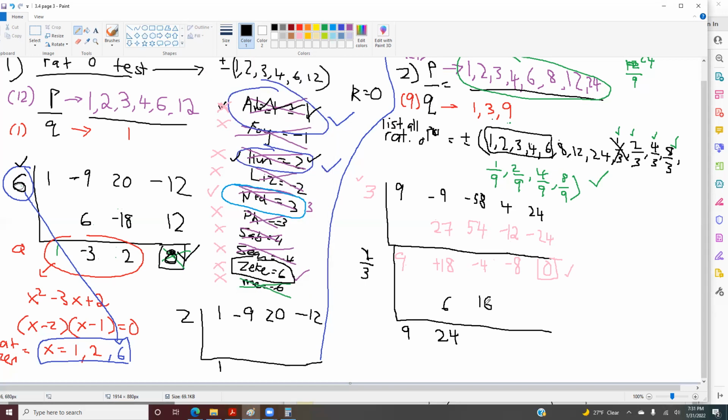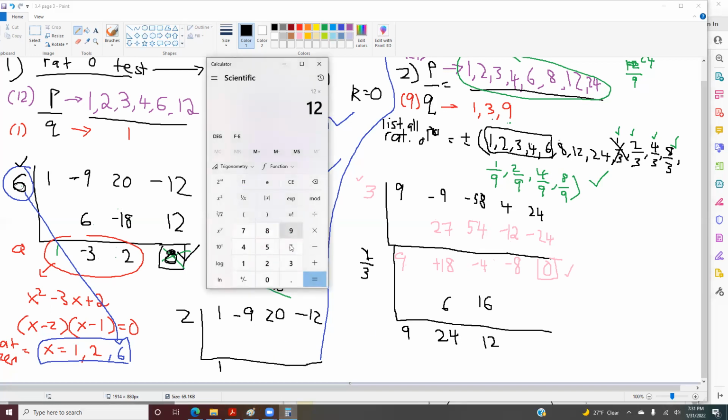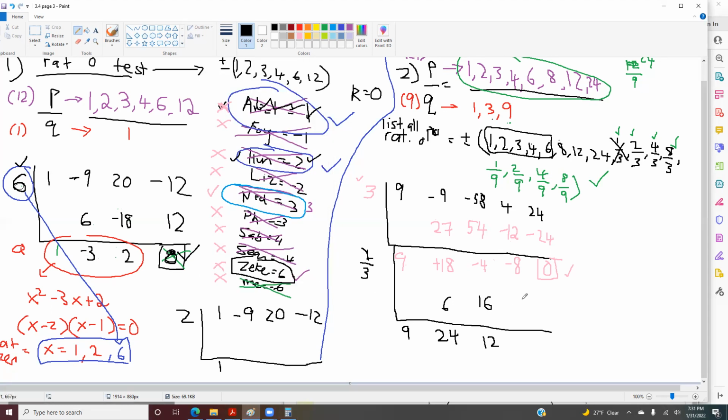Oh, this one's possible. This will give me 12. Well, this one looks possible. 12 times 2 divided by 3. Hey, guess what? That works. So in this case, we found this 2.